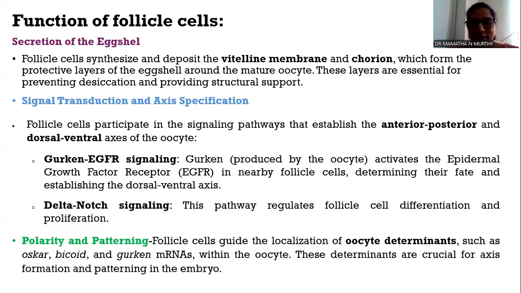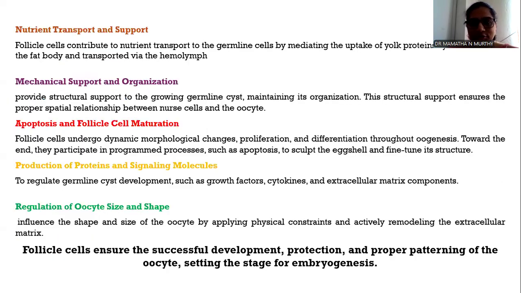They also help in polarity and patterning of the oocyte. These follicular cells guide the localization of oocyte determinants, for example the bicoid, nanos, and gurken mRNAs within the oocyte. These morphogenic determinants are essential for axis formation and patterning in Drosophila.